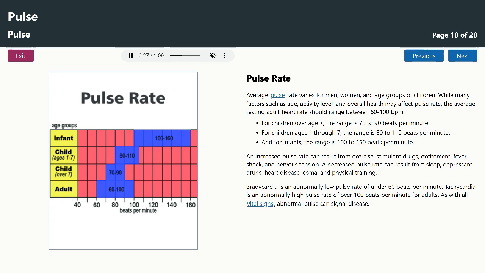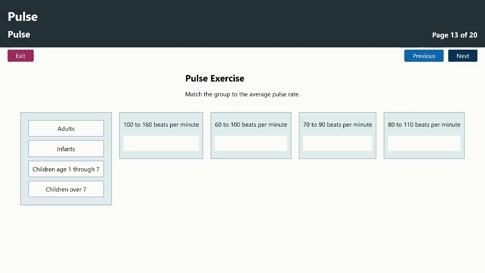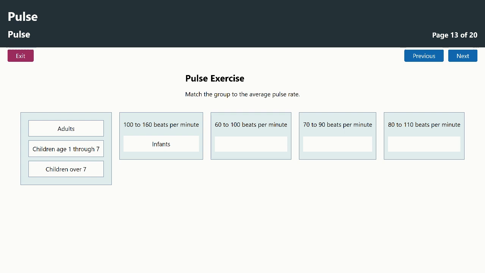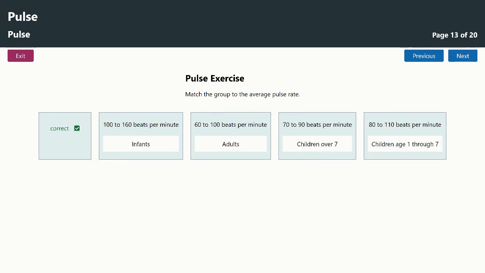So 100 to 160 for infant. 100 to 160 infant. 60 to 100 adults. 70 to 90. And then 80 to 110.